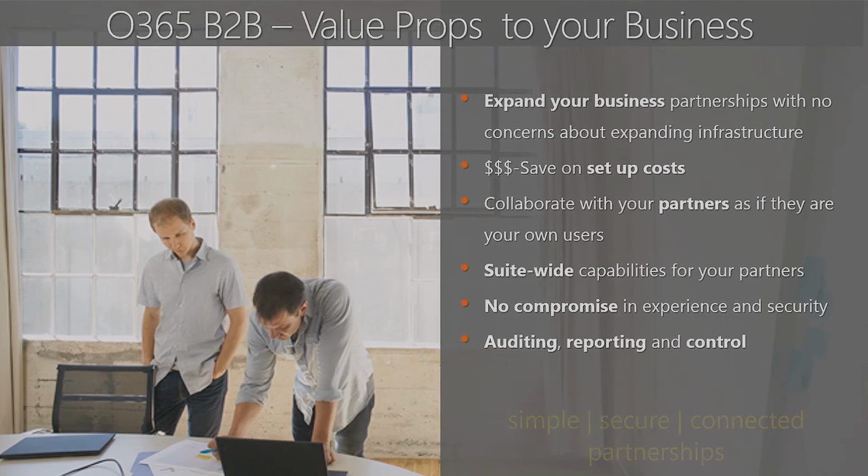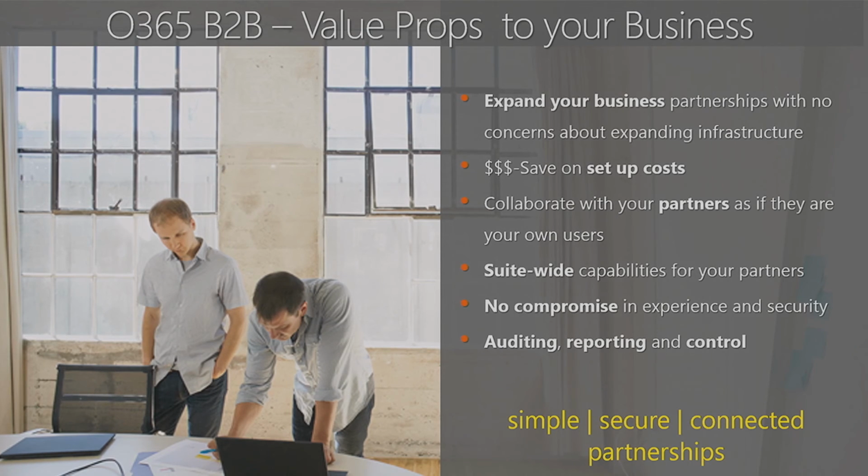So what are some of the key business values that you get from having it in Office 365? The first and foremost is expanding your business without needing to worry about having a project plan for expanding your on-premises infrastructure. My business is growing from 100 partners to 500 partners. If you are handling them on-premises, you're also talking about a project plan to expand your on-premises infrastructure and so on.